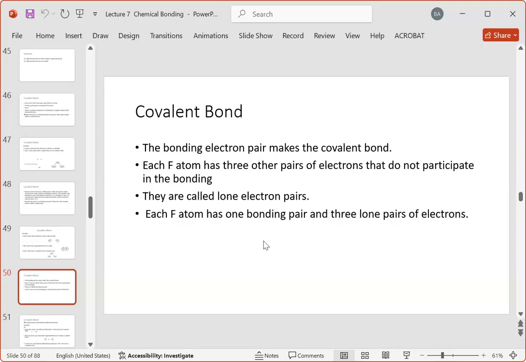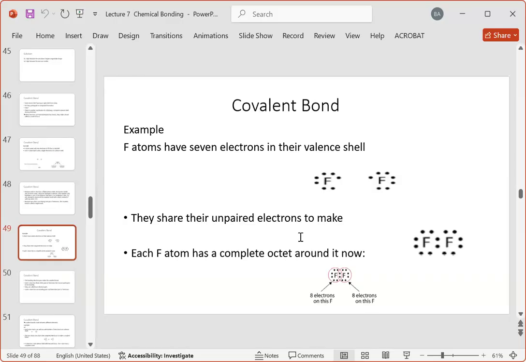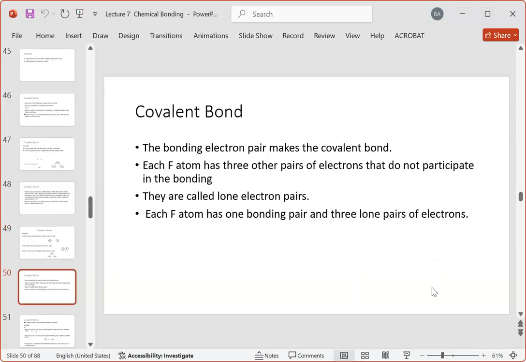If you go back, you have three lone pairs: one, two, three. And one bonding pair, because that is where they bond. So each fluorine has one bonding pair and three lone pairs of electrons.